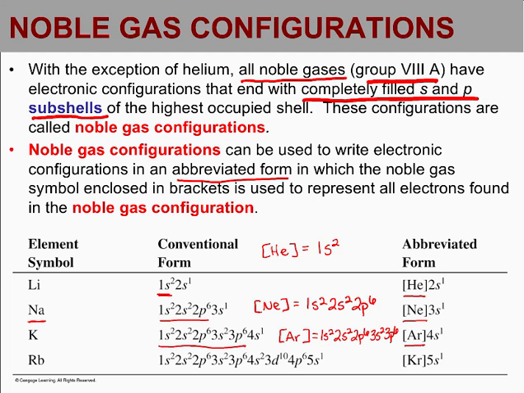So we end up with argon in brackets followed by 4s1. And then for rubidium, we can replace the majority of its electron configuration with krypton in brackets. You'll notice on a periodic table that krypton comes right before rubidium. So it's in the noble gases in the row above. Okay.